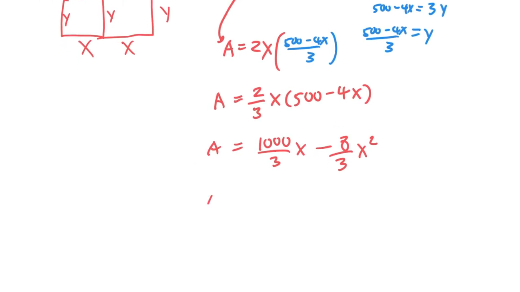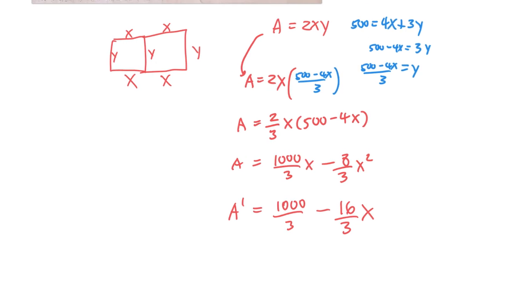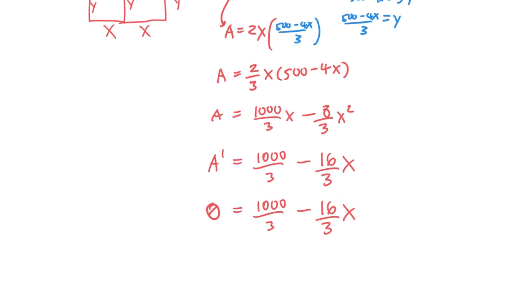Okay, now it's time to do the derivative. So we have this, and we have minus 16 over 3x, which is really not that bad. Setting that equal to 0, we have this.